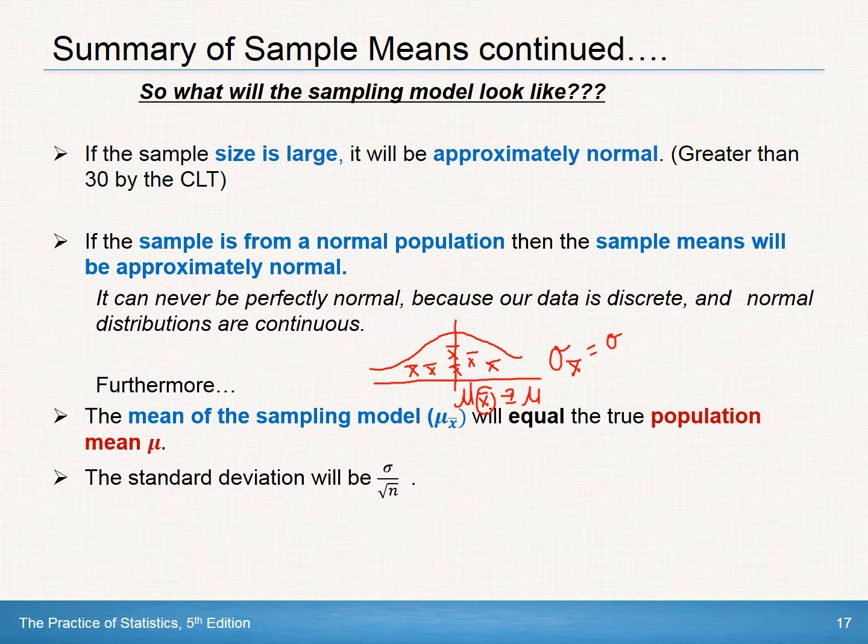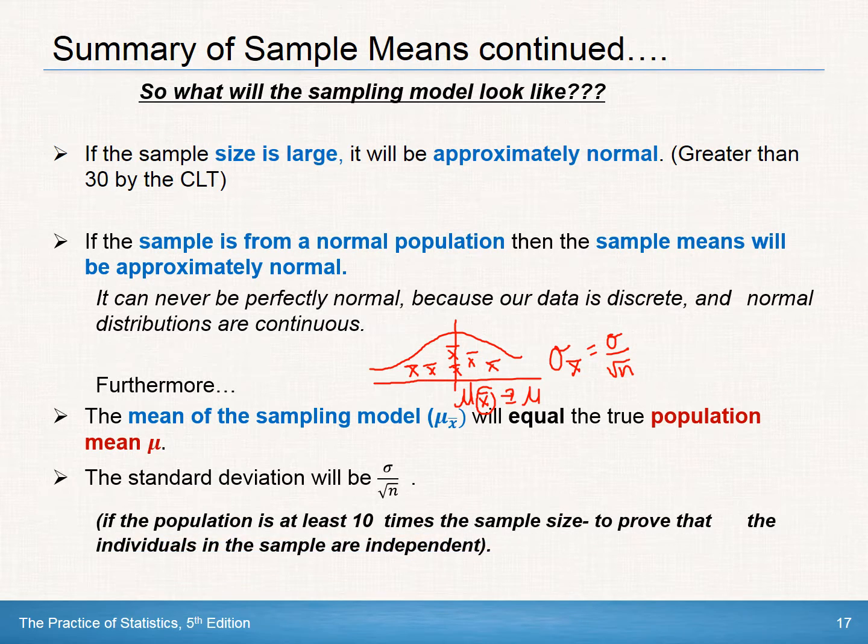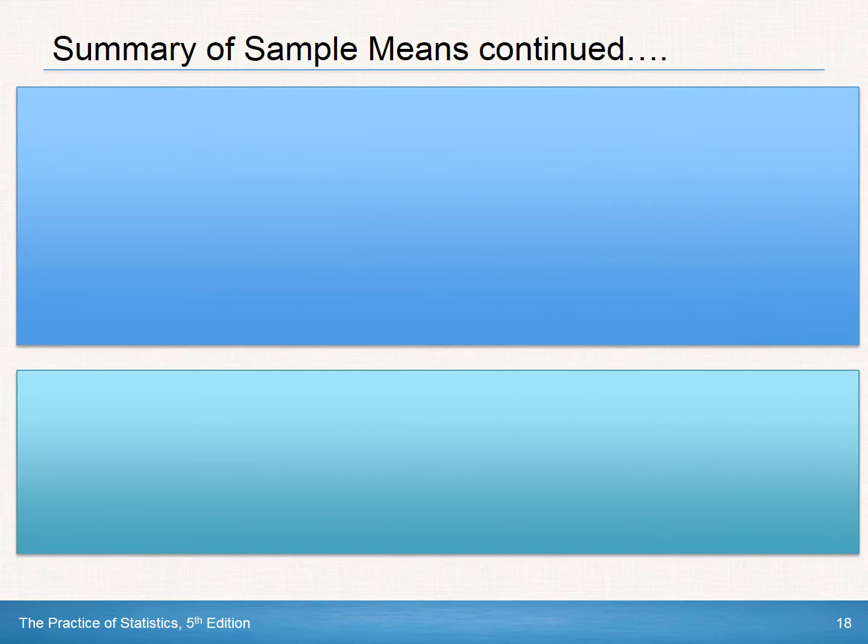The standard deviation of my sampling distribution, denoted by that X bar there, is equal to the population standard deviation divided by the square root of n. Okay, please make sure that you include this. If the population is 10 times the sample size, you need to prove that in order to use that standard deviation. This shows that my individuals are independent.